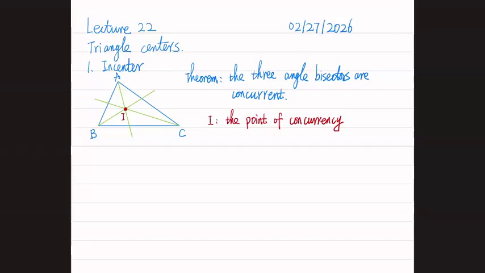We also showed that if we draw perpendicular lines from the incenter to the three sides, the three perpendicular lines have the same length.